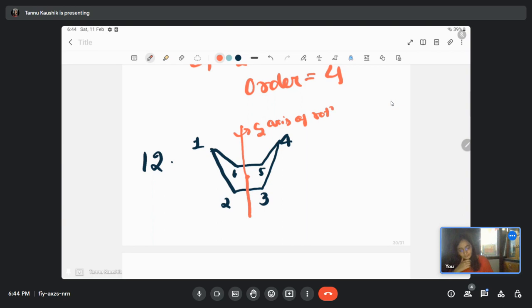Then we have this sigma v passing through carbon 1 and 4 and bisecting the bond between the second and sixth carbon and the third and fifth carbon.